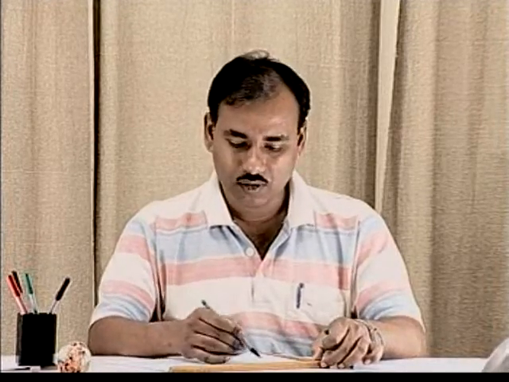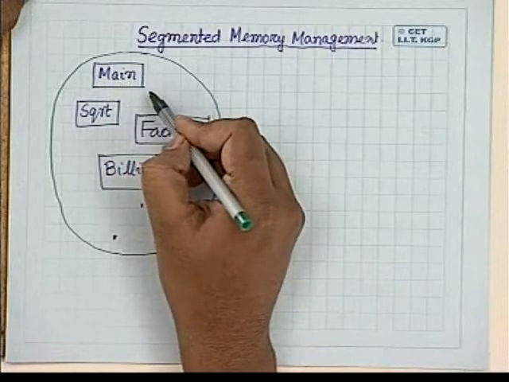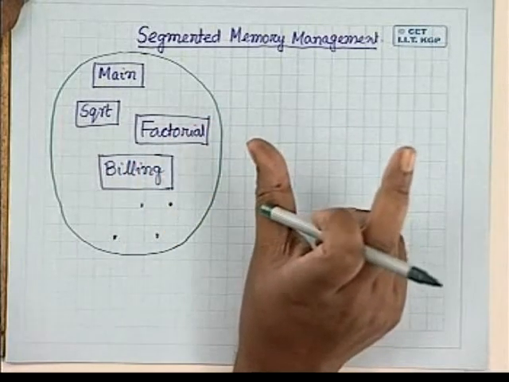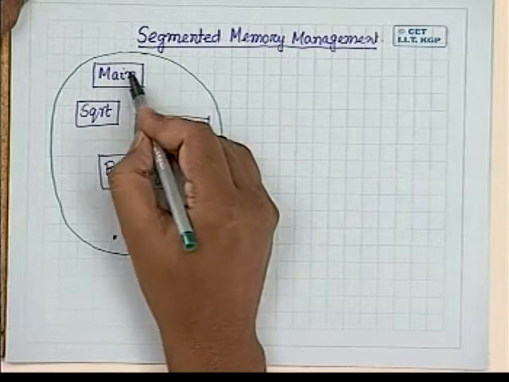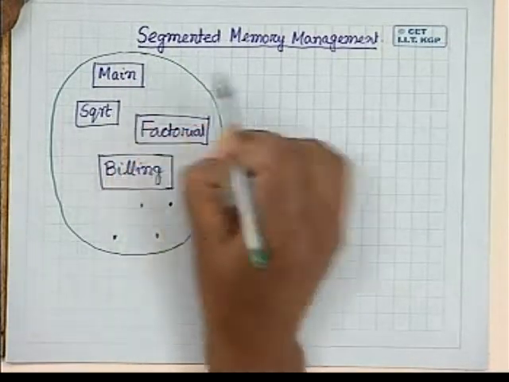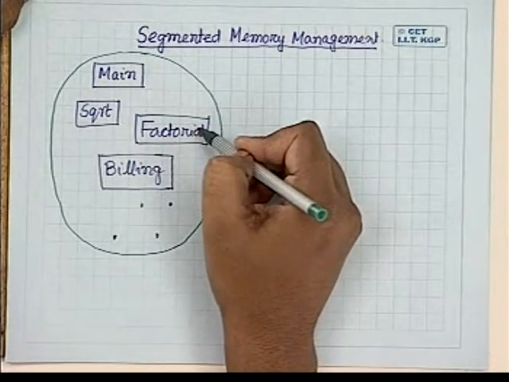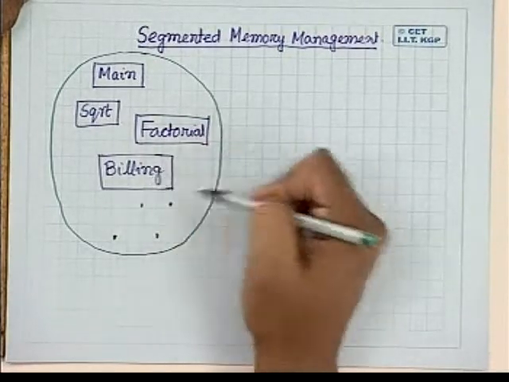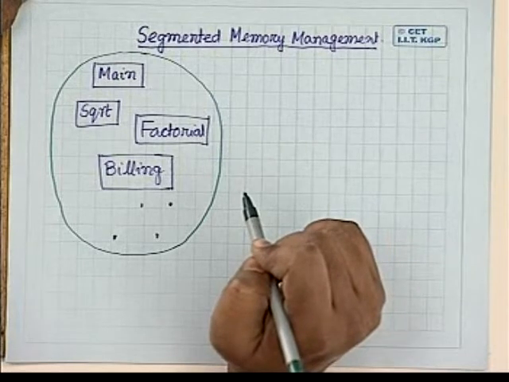function. So the idea is, whenever I load a program, it is quite natural that different functions of the program should be available in a block of memory. Okay. So the main function will be available in one block of memory. Square root, sqrt, will be available in another block of memory. Factorial will be available in another block of memory. Billing will be available in another block of memory, and so on.